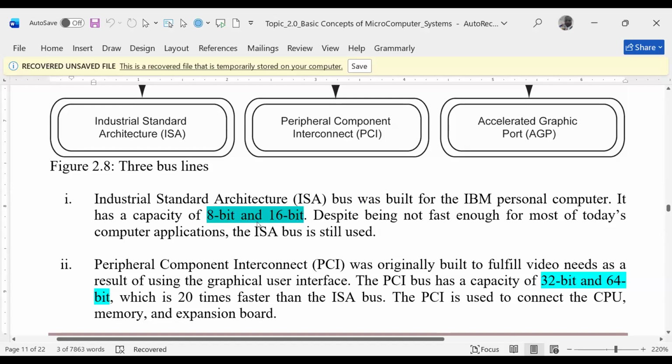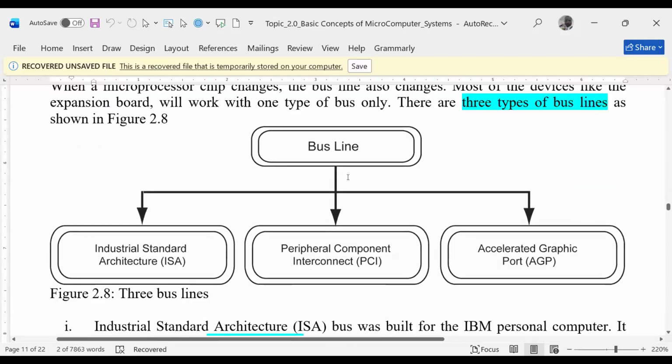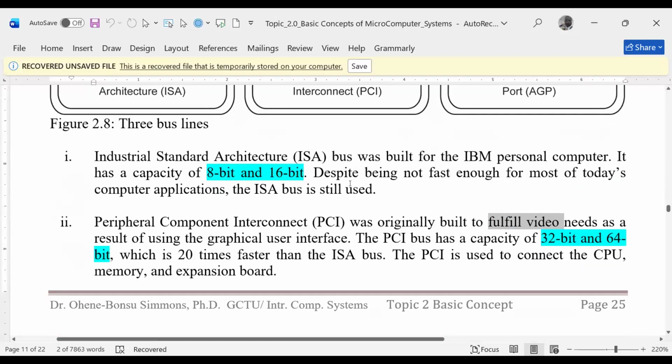Then the next is Peripheral Component Interconnect. It's an advanced form of ISA, and here it supports 32 and 64 bits. And here it supports video or multimedia programs. So this type of bus supports multimedia, where a large volume of signal can move from one place to another.